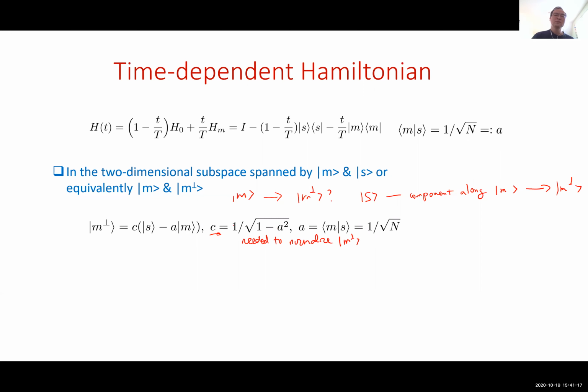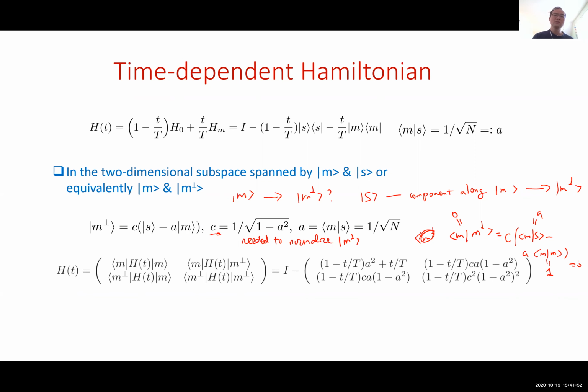I'm basically subtracting the component along M, right? So you can verify this is indeed orthogonal. It should be 0, right? Because if you take M inner product with S, that's A, and M inner product with M is 1, it's normalized, so therefore this is 0, okay?